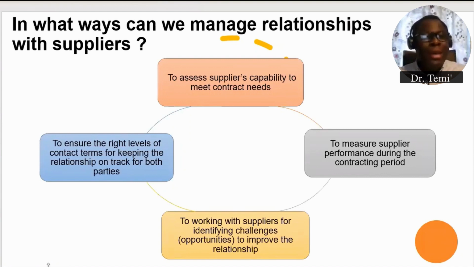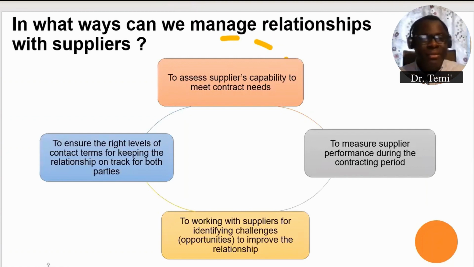There should also be key milestones that both of you would come together to agree on, so that you can know that each party is delivering their expected responsibility. So for you to keep on track with the relationship, to ensure that it flows smoothly, the contract terms must have the right level of information.